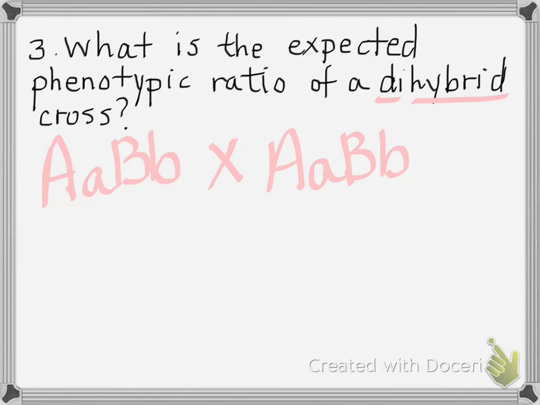So maybe you got something about pennies heads, pennies tails, nickels heads, nickels tails. Do you guys have it? Yes, ma'am. And we did a big cross. It's a nice size cross. And I'm looking for the phenotypic ratio, what it looks like.